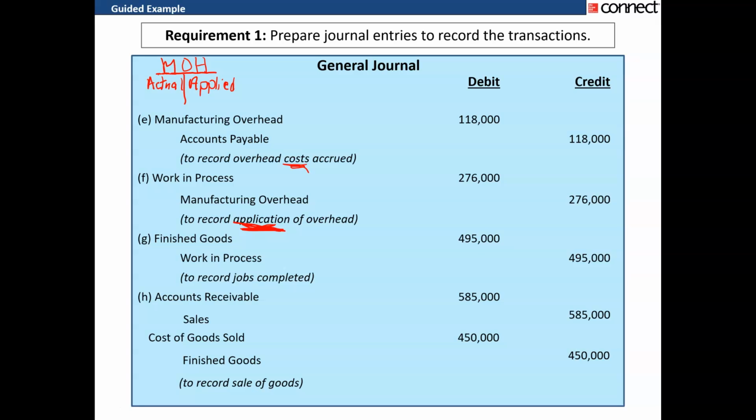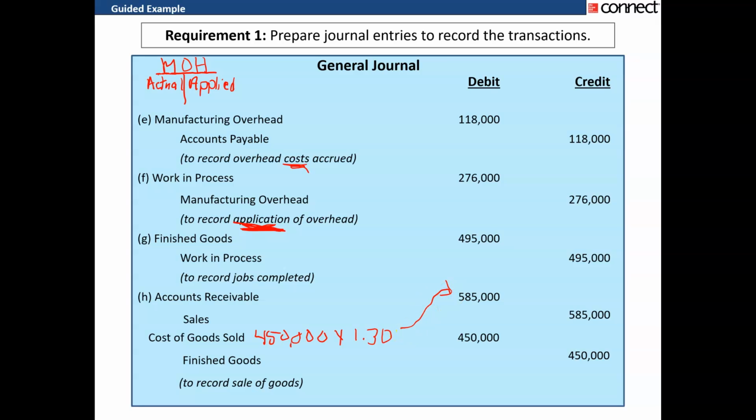How you get to the $585,000 is when you take the cost of $450,000 times 1.3, that gives you the $585,000 that they're going to sell it for.